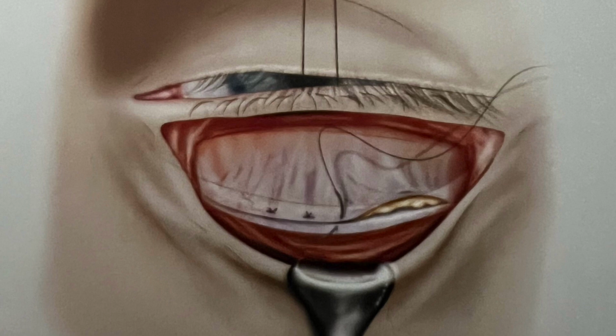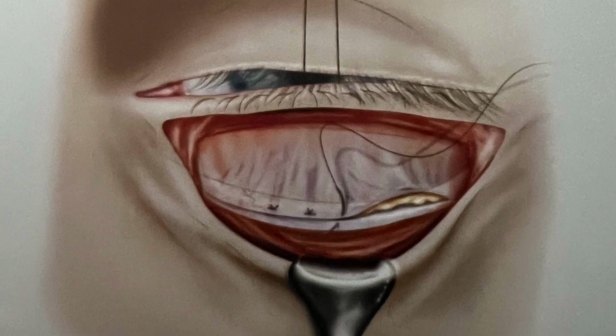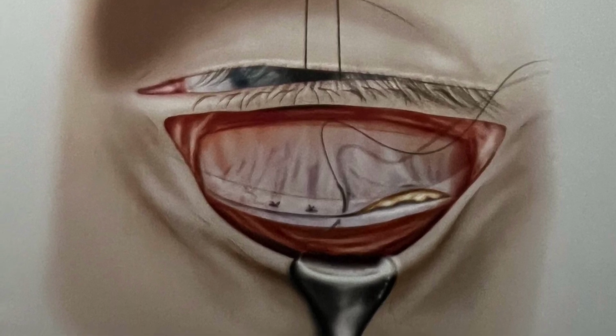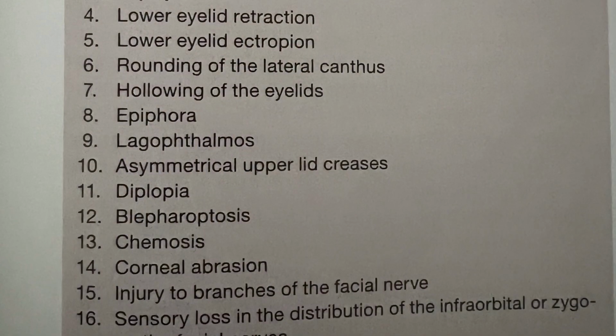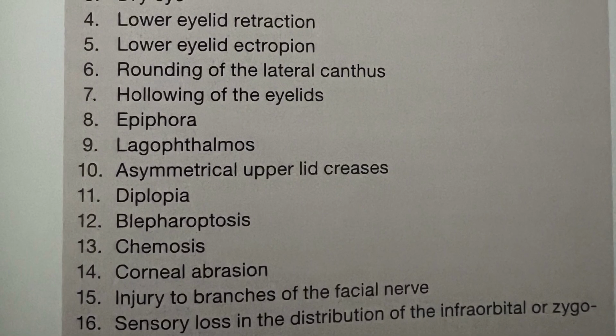So this procedure is very good for the older patient, that is, transcutaneous blepharoplasty. Transconjunctival blepharoplasty is ideal for the younger patient with mild or moderate eyelid fat herniation and no excess skin on the eyelid. It is also suited for patients with thyroid eye disease and can be combined with orbital decompression procedures.